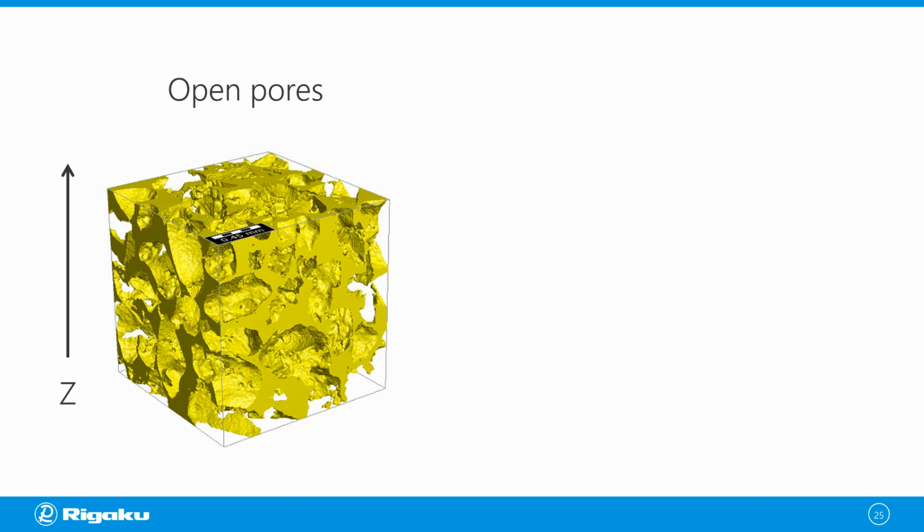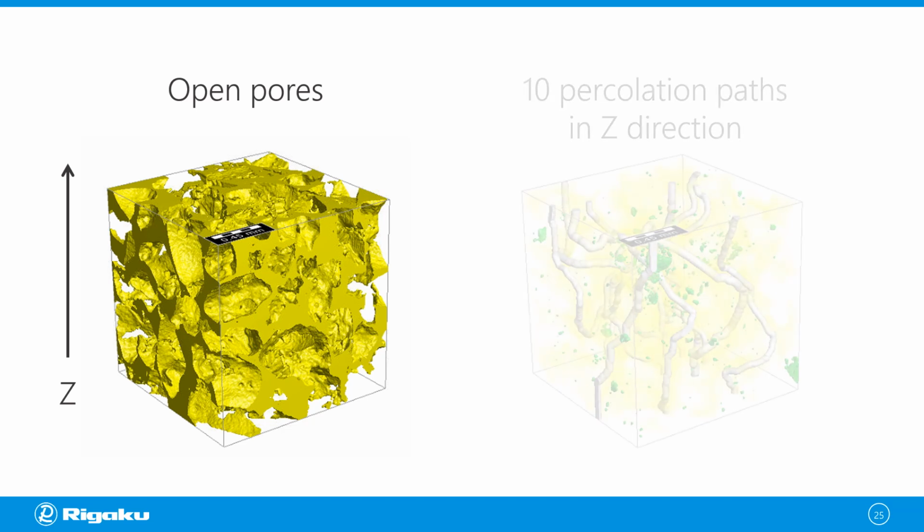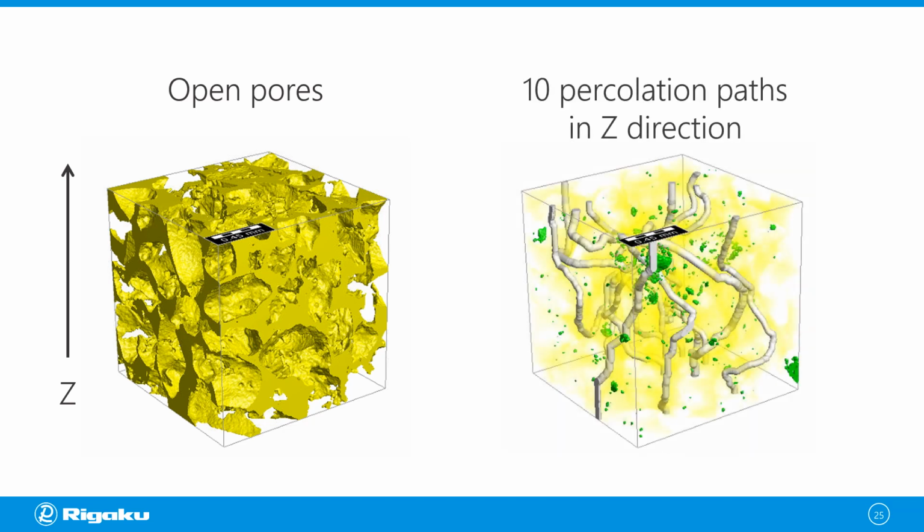So let's say we're going to do this in the Z direction and tell the software to find a 10 percolation path. Then it will look at the open pore space and show you the percolation path. In this case, we are looking at 10 of them in the Z direction.